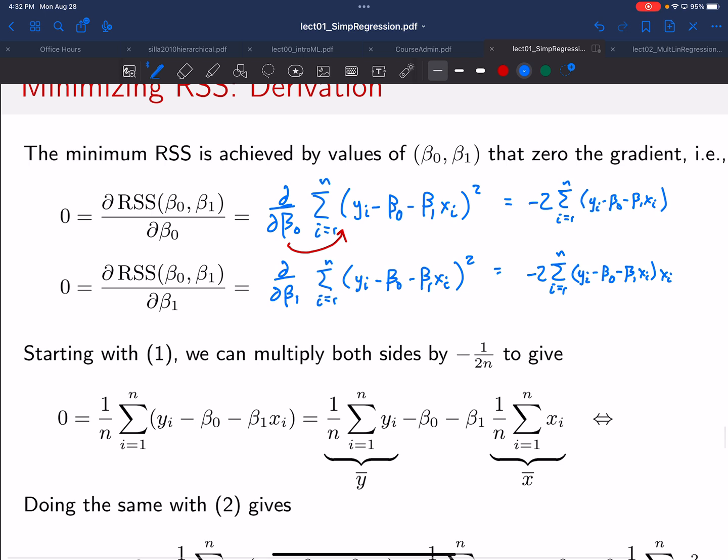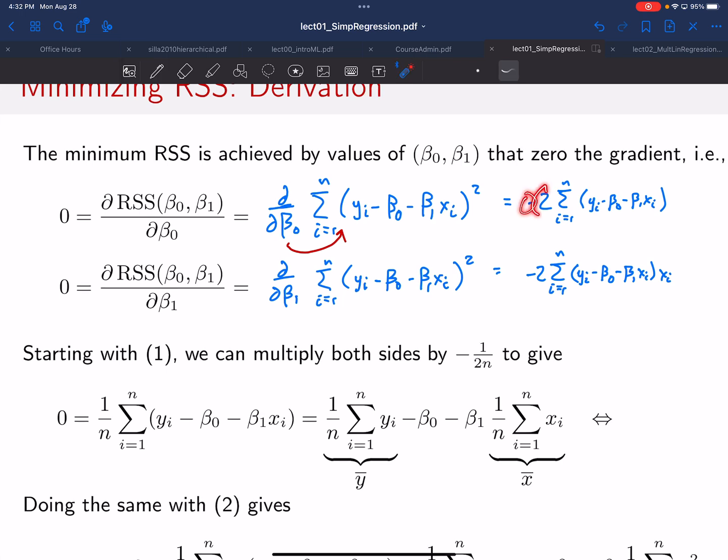I think the easiest way to proceed is to turn these expressions into something that looks more familiar. We're not used to seeing the negative and the 2 in front of those sums. So let's multiply both sides of both expressions above by minus 1 over 2n. That will cancel out the minus and replace the 2 with a 1 over n.